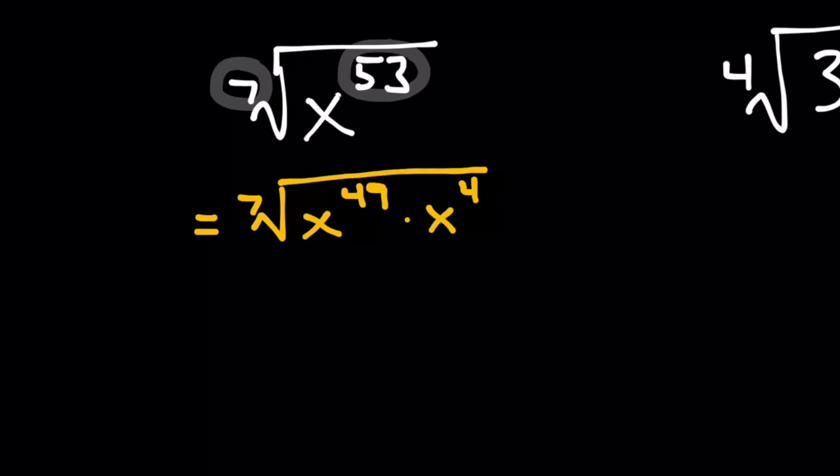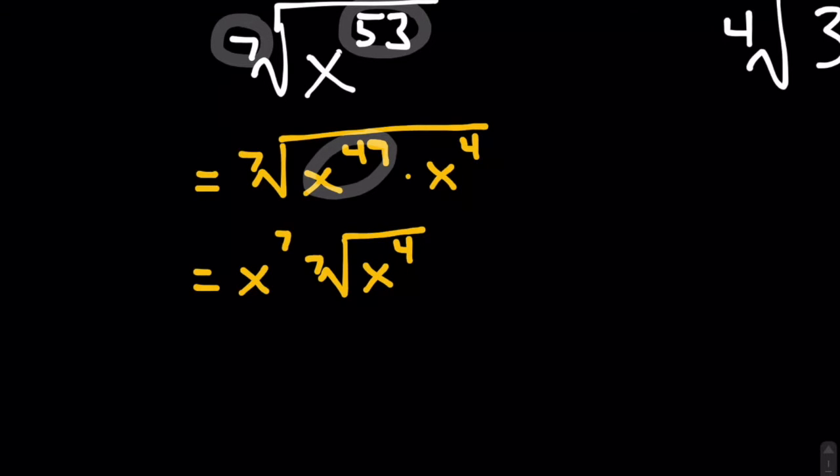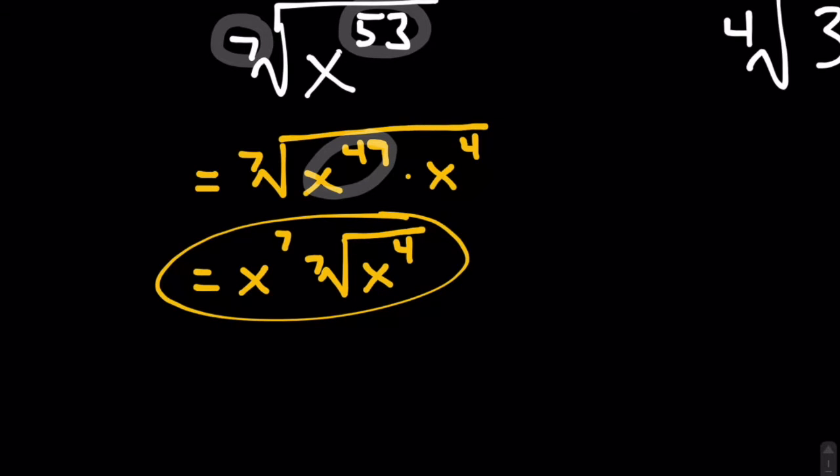Now we can take the 7th root of x to the 49th, right? We do this by dividing 49 by 7. So we'll do that, and we'll put x to the 7th on the outside. We have used up that x to the 49th, which means that on the inside of the radical, we only have x to the 4th left. This is our final answer.